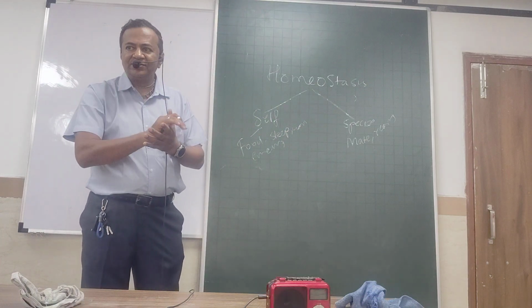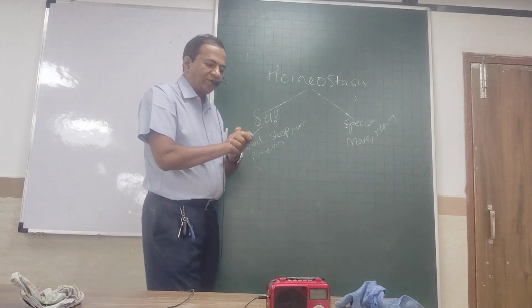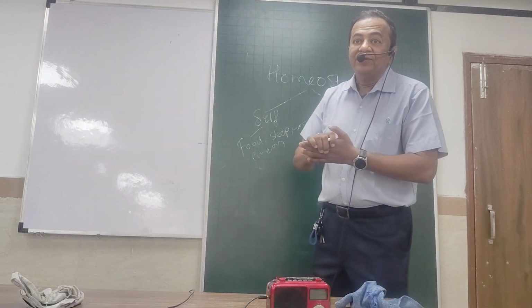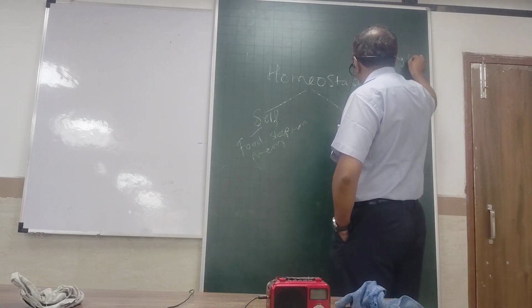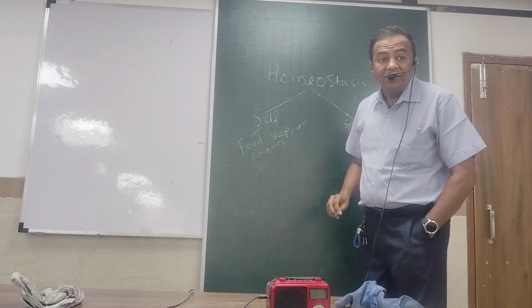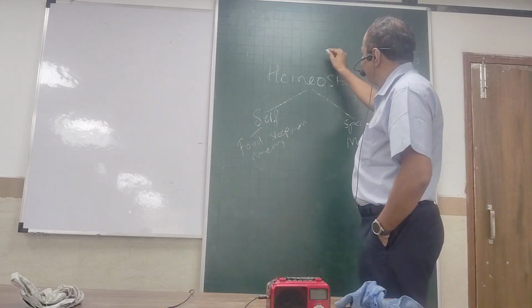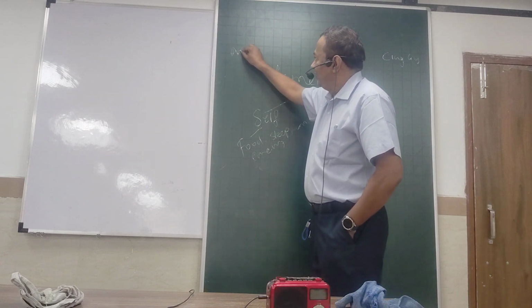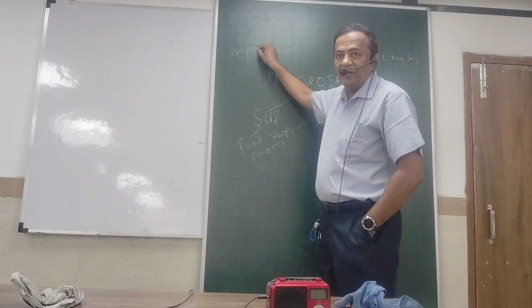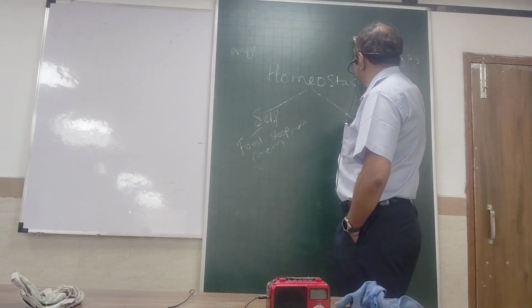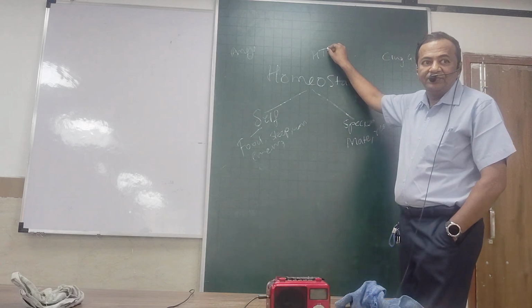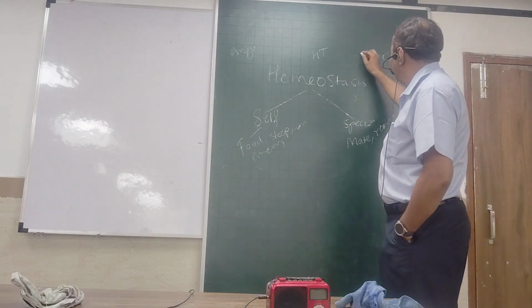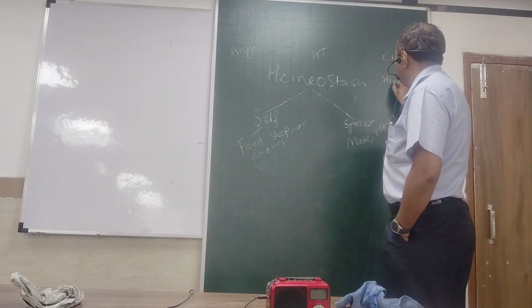So what are the parts of the limbic system? You tell me, which parts do you know? Cingulate gyrus. Okay, I'll put it here. And amygdala. Then hypothalamus, I'll put it in between. Then hippocampus.